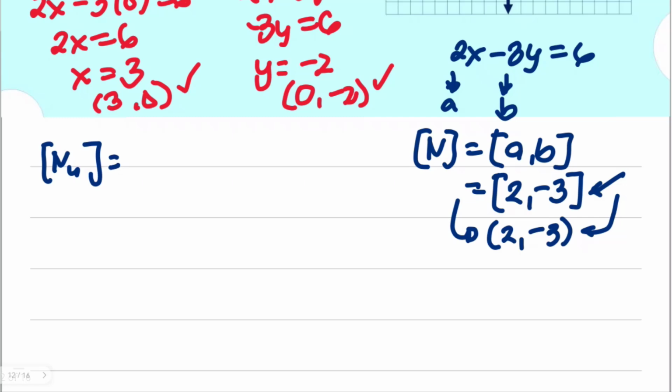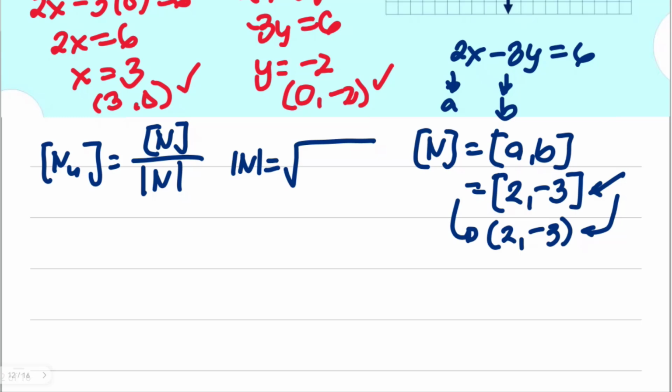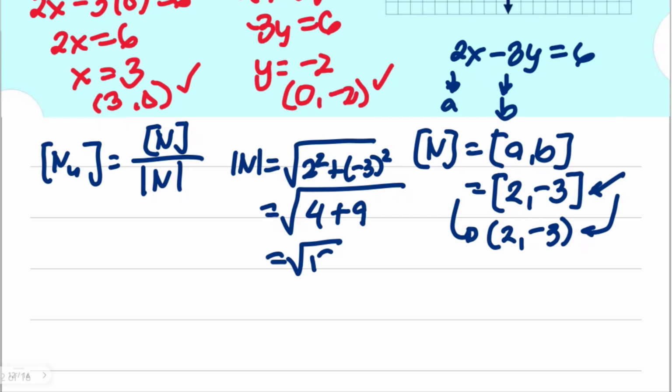In the previous examples, especially in the discussions of the foot of the perpendicular, we have this formula: the normal vector over the length of the normal vector. The length of the normal vector is equal to the square root of the sum of the squares of the components: 2 squared plus negative 3 squared. You will have 4 plus 9, so you have the square root of 13.